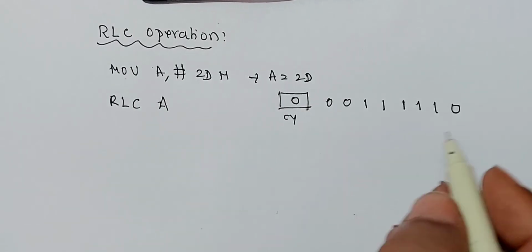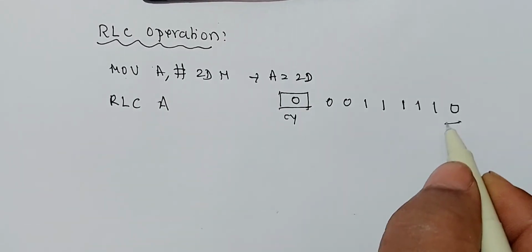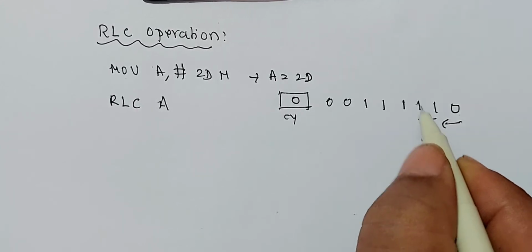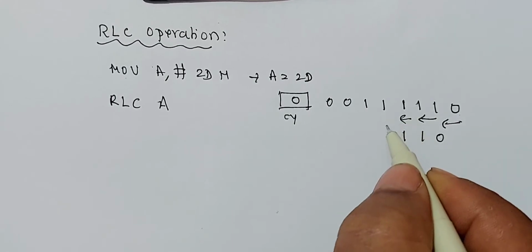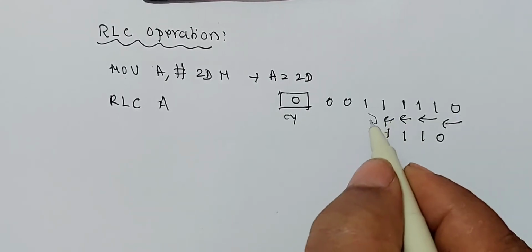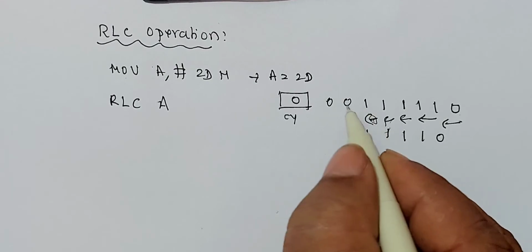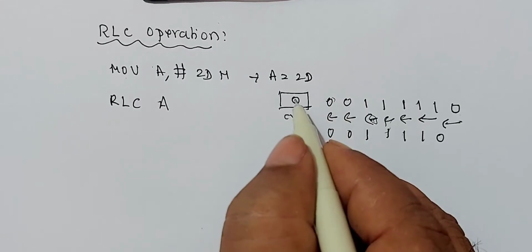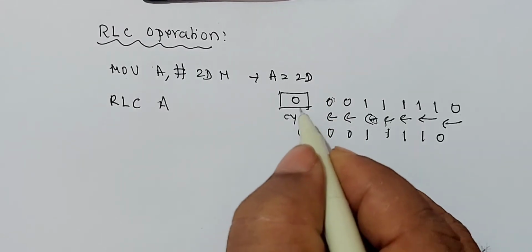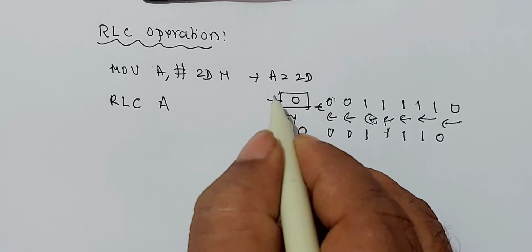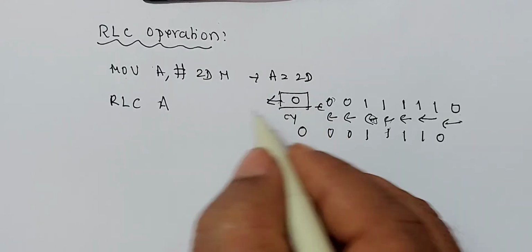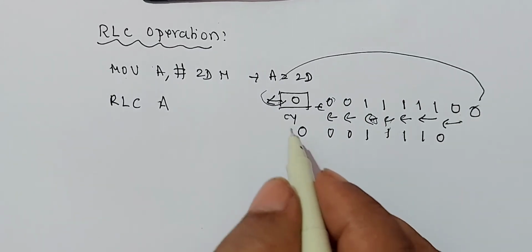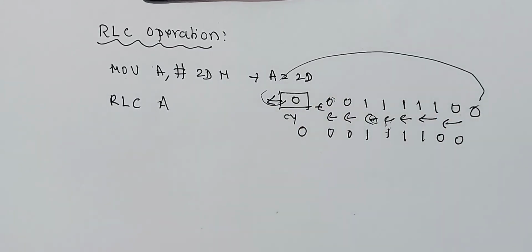Rotate this to the left means each bit goes one place to the left, the MSB goes to carry, and again shift this carry also to the left. This carry will go to the LSB.